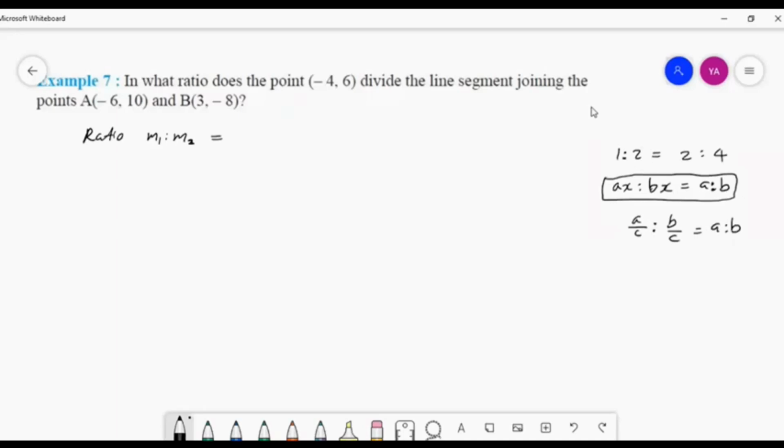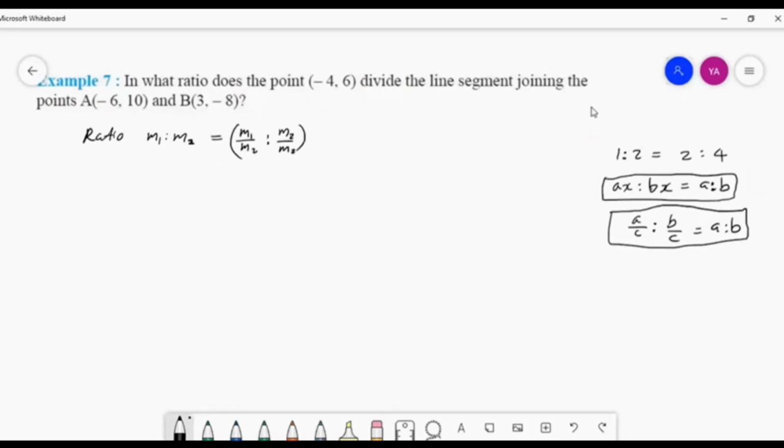This is also possible if you divide both sides of the ratio by the same real number. So here you can also write m1 is to m2 as m1 by m2 is to m2 by m2. We divide both sides by m2.